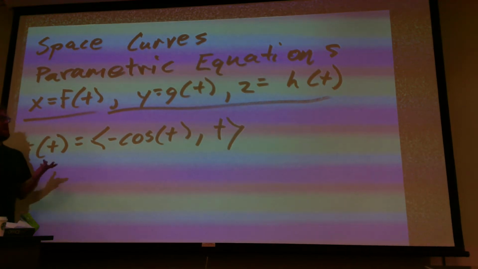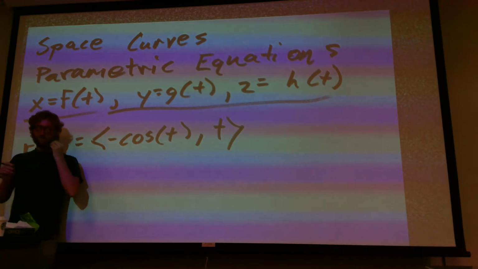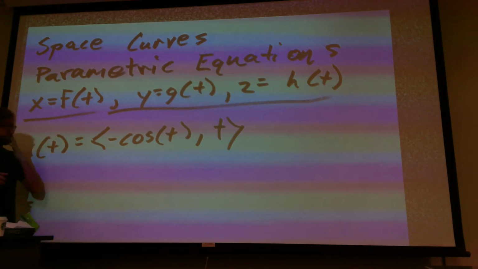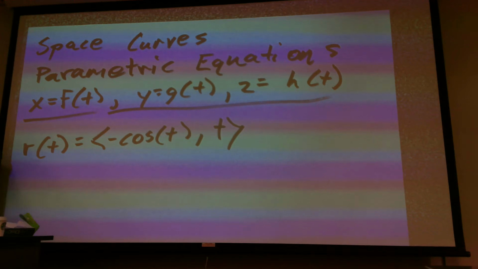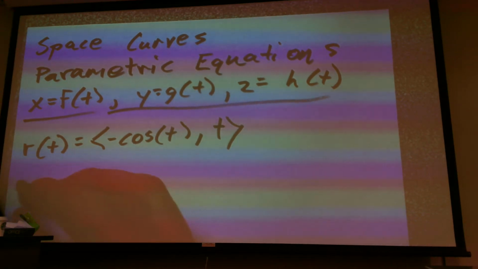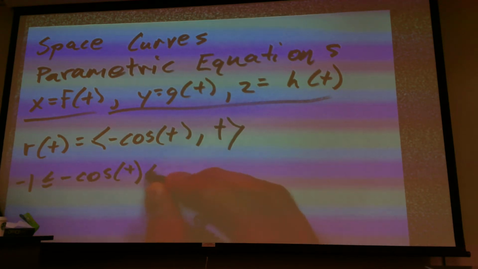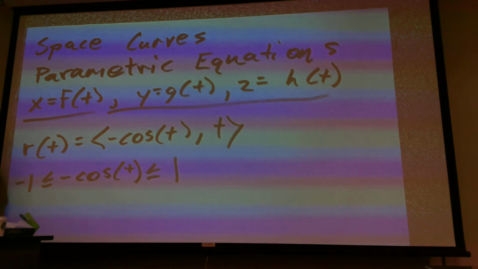Okay. Now, when you first start thinking about this problem, one of the things you want to think about is what are the boundaries associated with the x direction, okay? So, with negative cosine of t, it doesn't matter that it's negative. Negative cosine of t is always going to be bounded between -1 and 1.